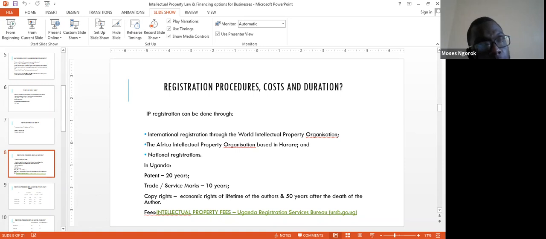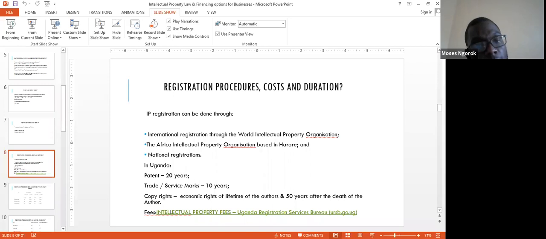There are 53 African countries, and I think below 16 members of ARIPO, we call it the ARIPO protocol, meaning that registration in Harare would only cover 16 countries. It's not as wide as the registration at the World Intellectual Property Organization. So the good news is that Uganda is part of the African Regional Intellectual Property Organization.